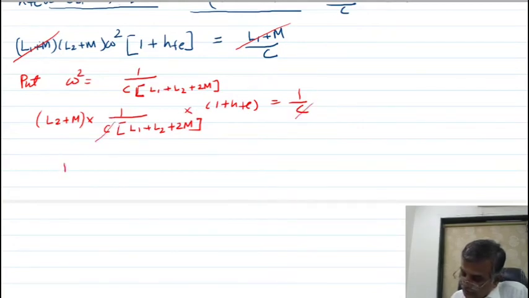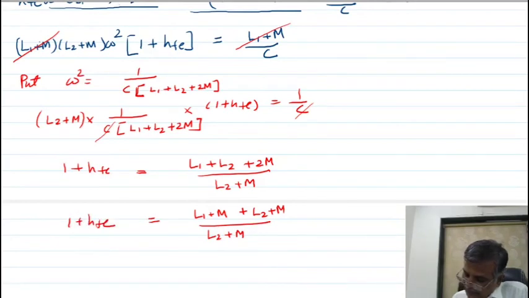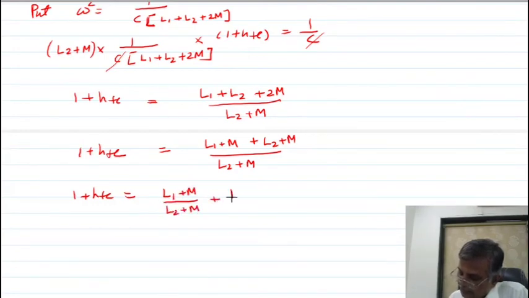So I can write 1 plus hFE is equal to (L1 plus L2 plus 2M) upon (L2 plus M). So (L1 plus M plus L2 plus M) upon (L2 plus M). So 1 plus hFE is equal to (L1 plus M) upon (L2 plus M) plus 1.